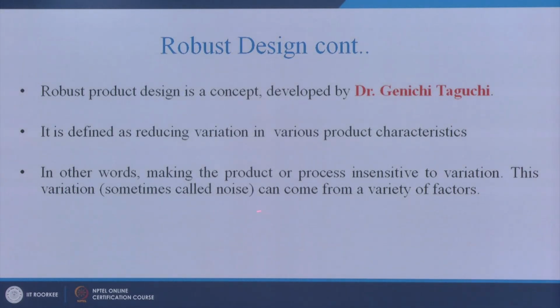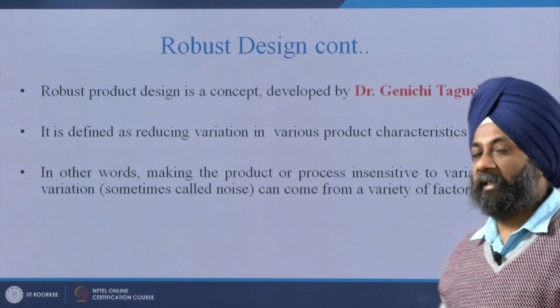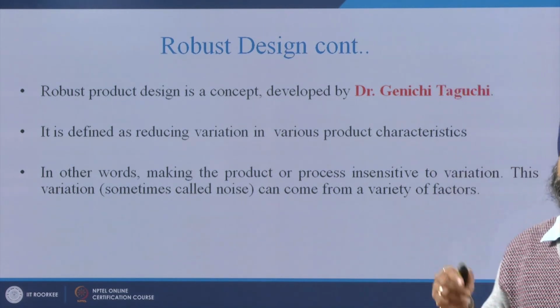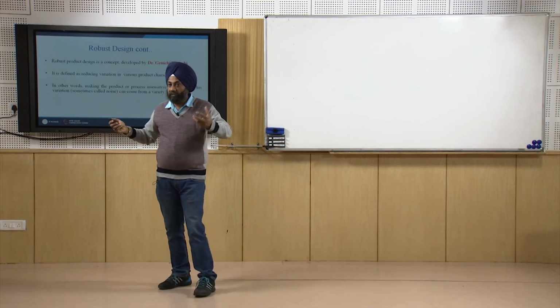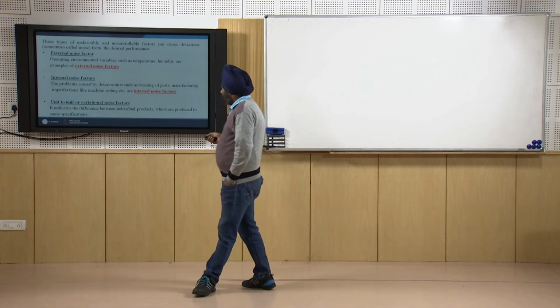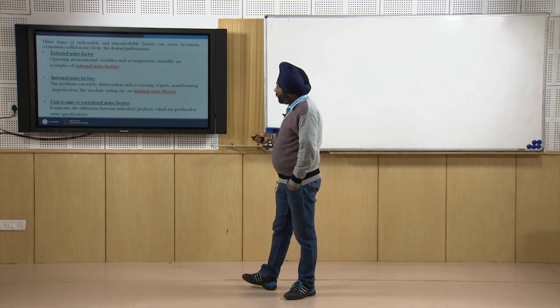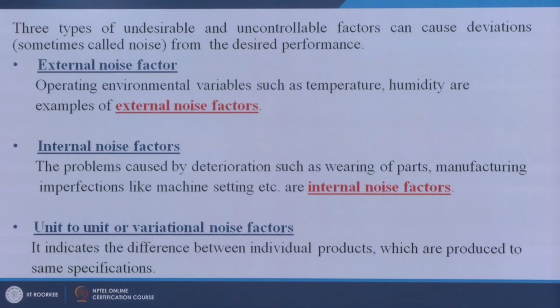This variation can come from a variety of factors. Sometimes they are called noise factors also. We will see what a noise factor is and what the controllable factors are. So let us further take the classification of the noise factors. You can see three types of undesirable and uncontrollable factors can cause deviations from the desired performance.